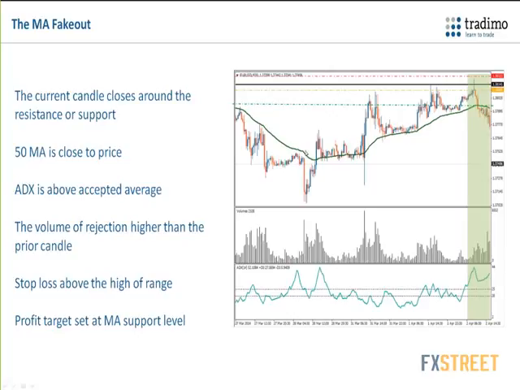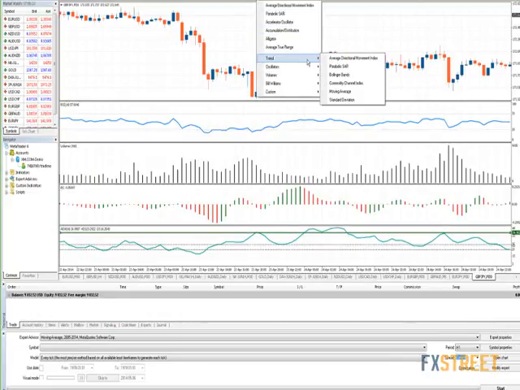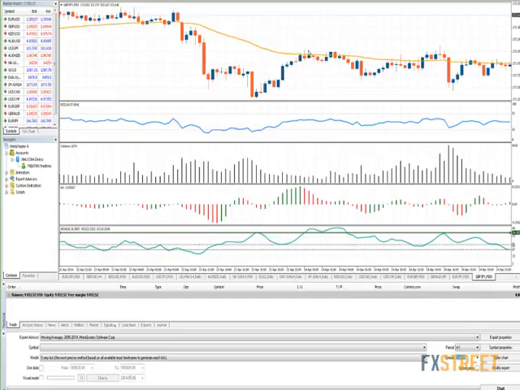The reason we use the 50 moving average, or maybe you want to use the 200 moving average, is that price naturally in a range gravitates to this moving average, doesn't it? Whatever moving average we put on the chart, when we are ranging, it is obvious to see, here's a 50 EMA, that in a ranging market price will gravitate towards.